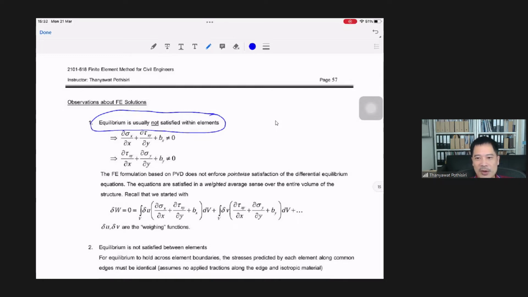Because if you cut through a certain part of the structure and you see that it's not in equilibrium, then there's a problem with your solution. So even though we know that this can exist in our finite element solution, we would like to minimize this problem as much as possible.